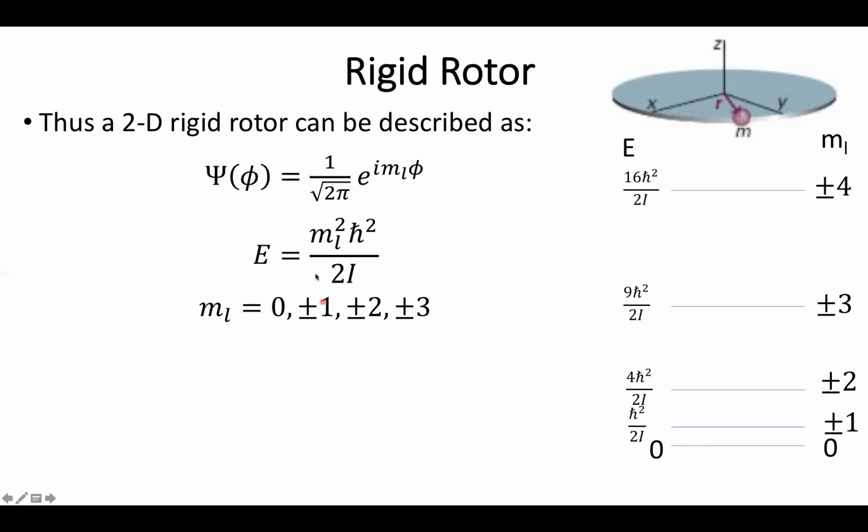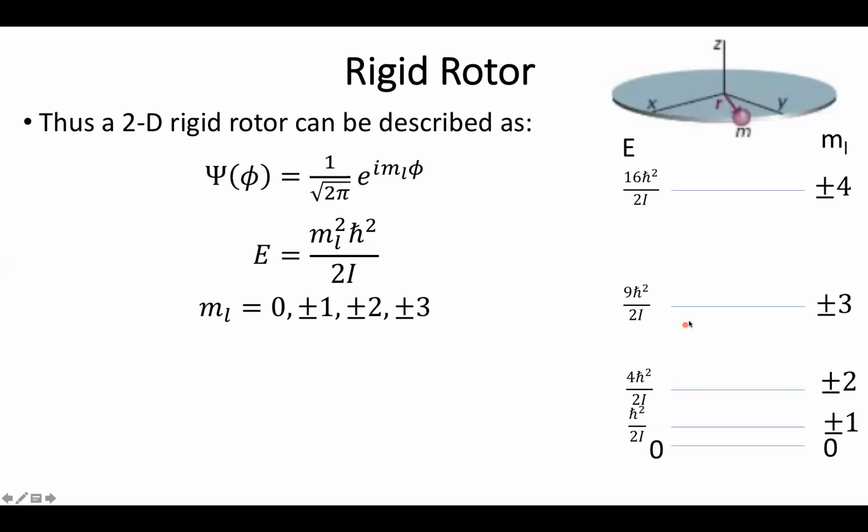Then if I have a value of 1, energy is just going to be h bar squared over twice the moment of inertia. However, here things get a little bit fun, because from here, if I go to positive or negative 2 for m sub l, what we end up having is 4 times h bar squared over twice the moment of inertia.